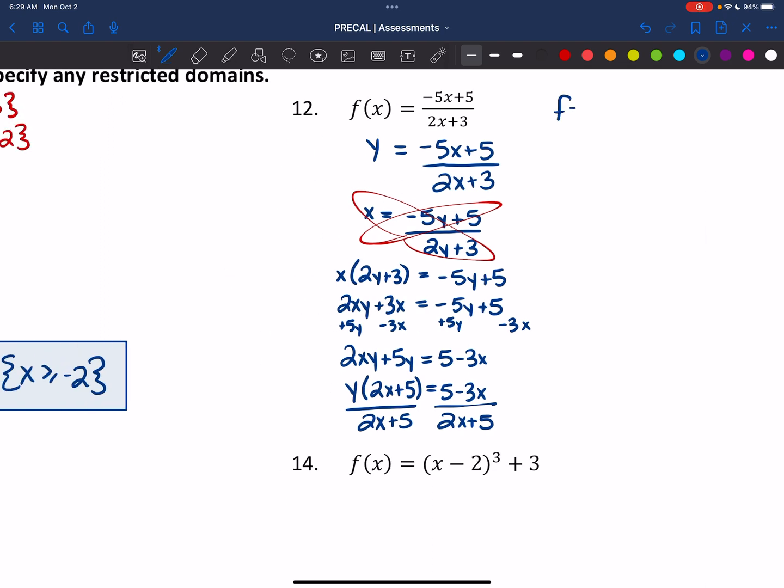This would be (5 minus 3x) over (2x plus 5). There we go. Okay, so that's finding the inverse of that rational function.